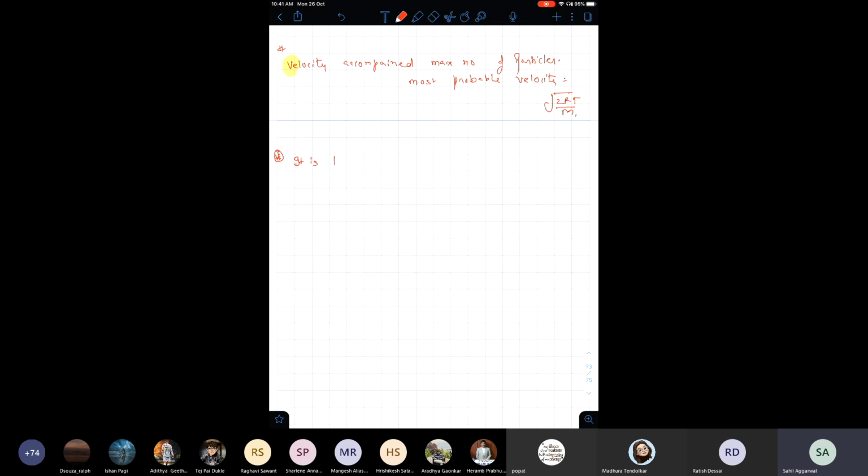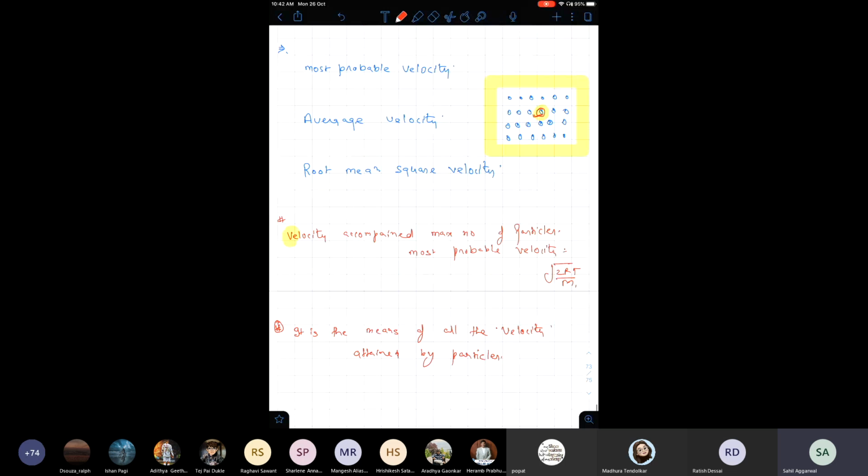It is the mean of all the velocities attained by the particles. और मीन निकालना तो हमें आता ही है। व्हाट इज द फॉर्मूला ऑफ मीन?